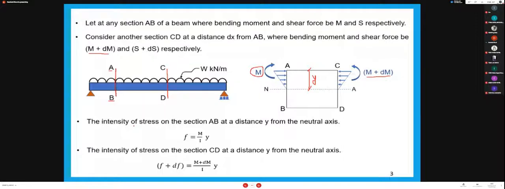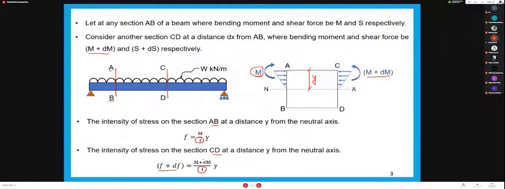So the intensity of stress on section AB due to the bending moment M is defined by M by I into y, where I is the moment of inertia of that section. And the intensity of stress at section CD is also changed, F plus dF, so M plus dM by I into y, because y is constant and the moment of inertia is constant, as the cross section is uniform throughout the length.